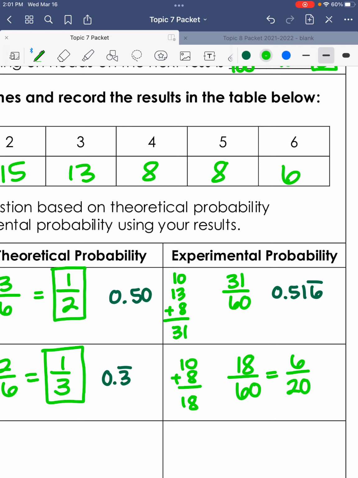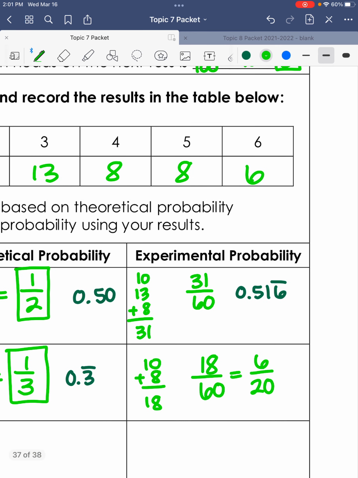Now I notice that I've got 2 even numbers, so I can reduce this even further. So because they're both even numbers, 2 goes into both. 6 divided by 2 is 3, and 20 divided by 2 is 10. So I get 3/10, which I know if I put 3 divided by 10 into my calculator, I get 0.3.